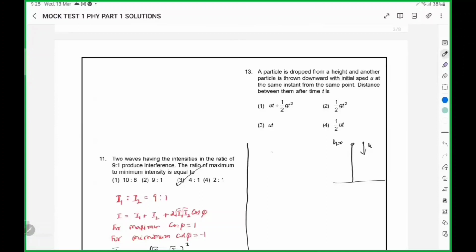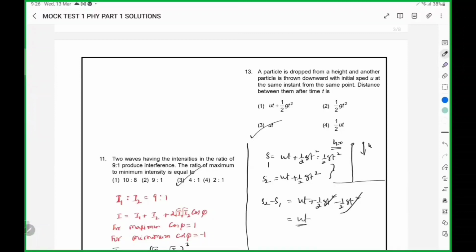Distance between them: the freely falling body travels half g t square after t seconds. The projected body will travel u t plus half g t square. The difference will be u t plus half g t square minus half g t square. This is the difference.